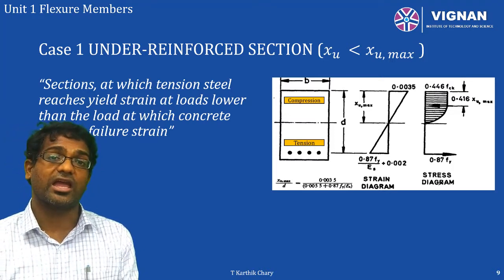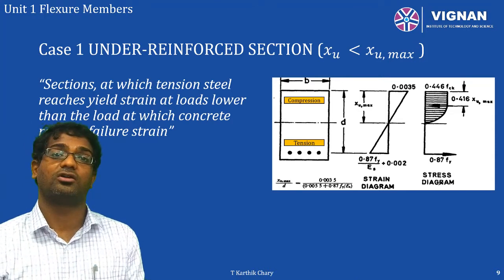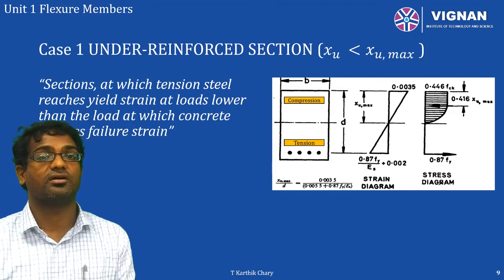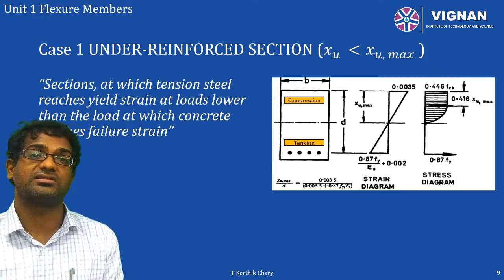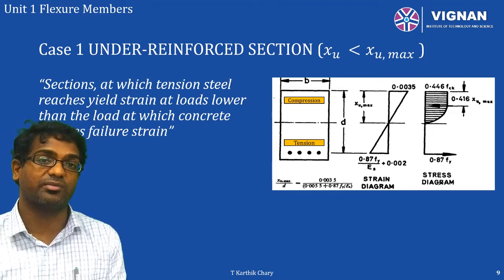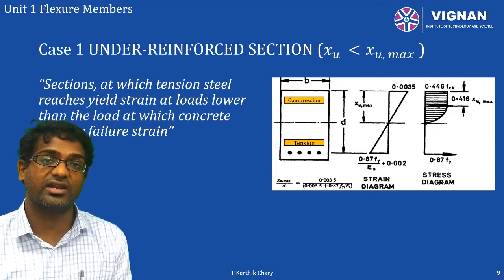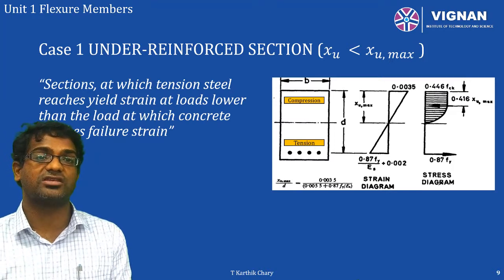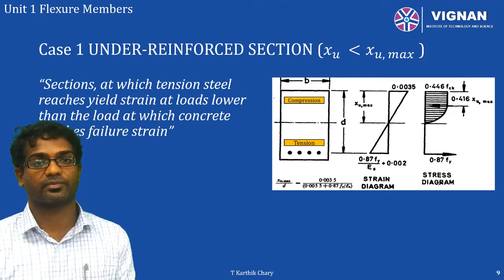So it gives a prior notice to the user of the building that the concrete structural member has reached its ultimate value and straining has begun. So it is a caution for the residents to vacate the building.